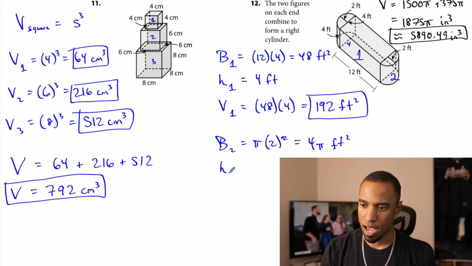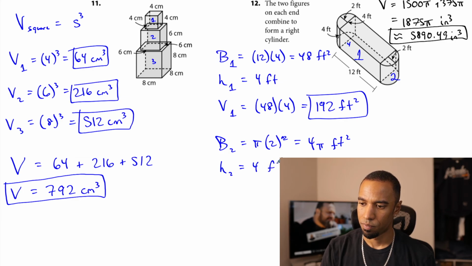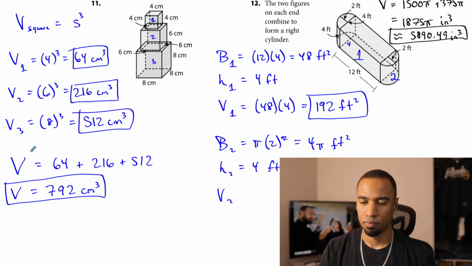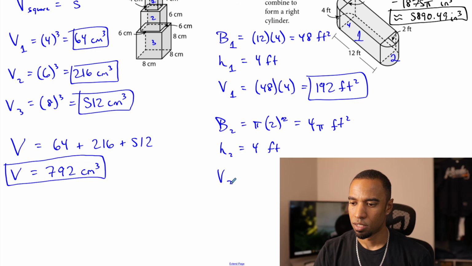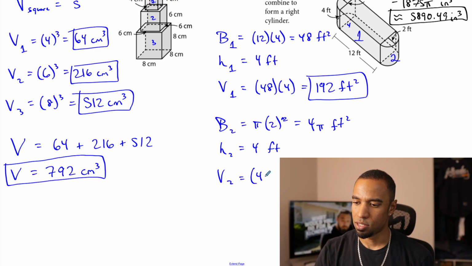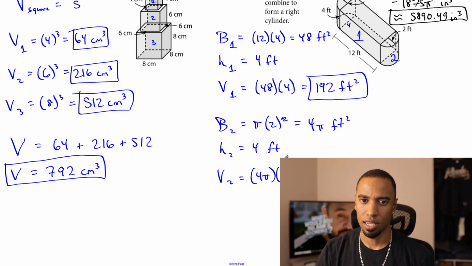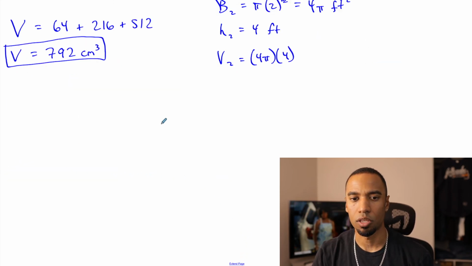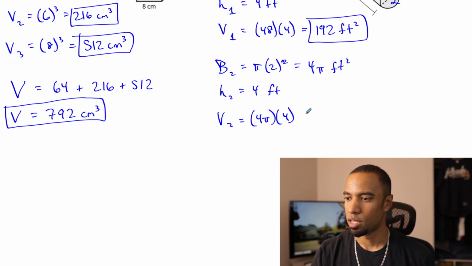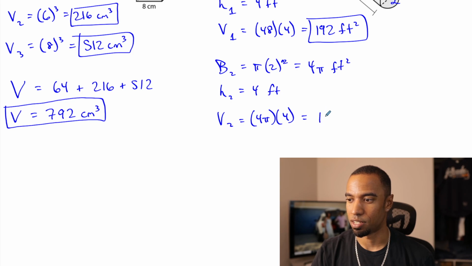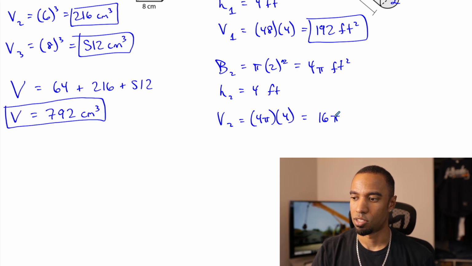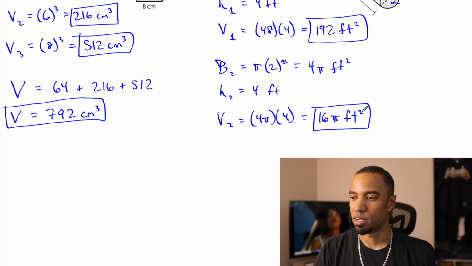And then the height is 4. So the volume is the area of the base times the height, which is 16 pi. That's about 50 cubic feet. 16 pi cubic feet, excuse me.